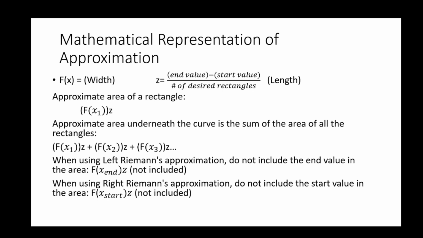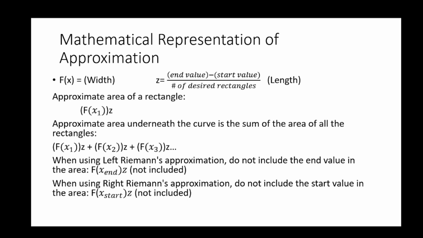Because we will have many rectangles, we will use f(x1), f(x2), f(x3). When we use the left Riemann approximation, we do not use the f(x) end value, and when we use the right Riemann approximation, we do not use the start value.